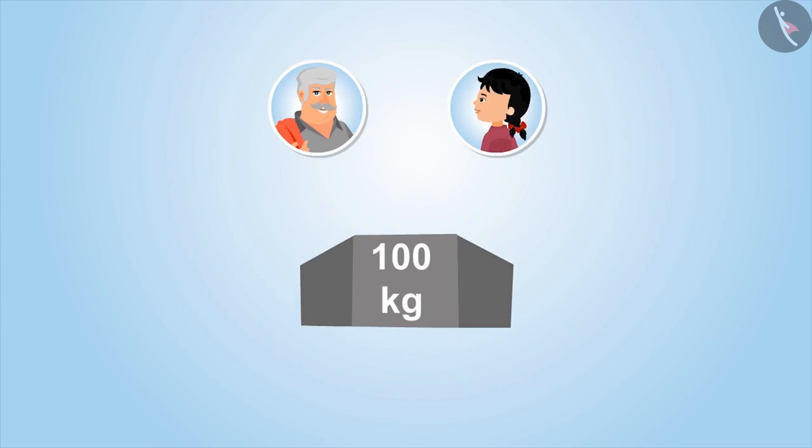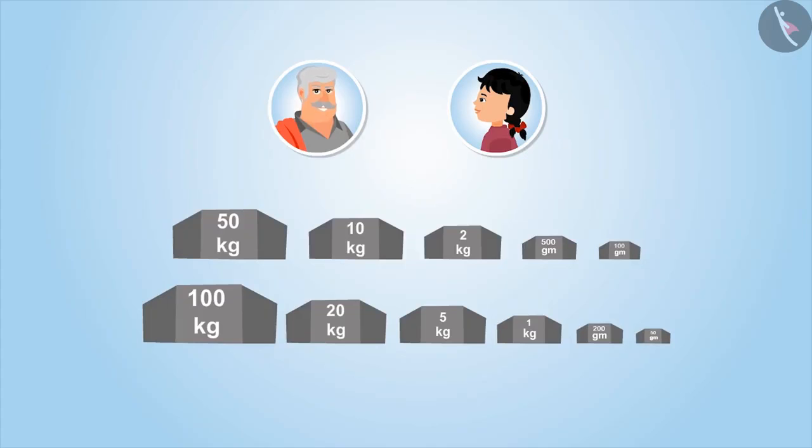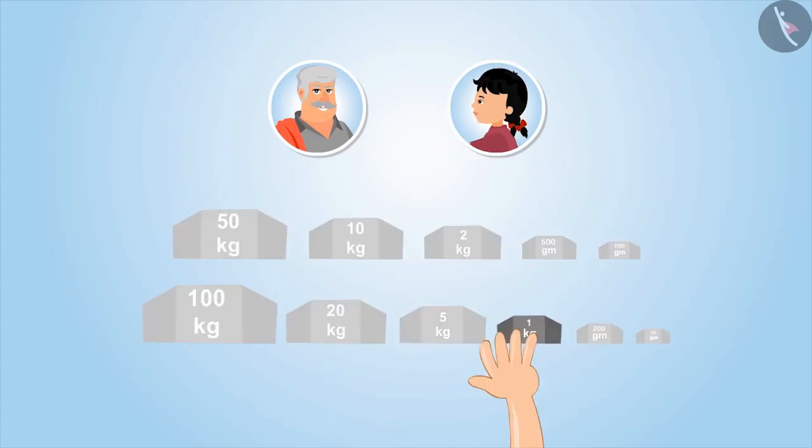Yes, it means this weighing stone weighs 100 kgs. Now check out other weighing stones and tell me their weights. Apart from 100 kilograms, we have 50, 20, 10, 5, 2 and 1 kg.